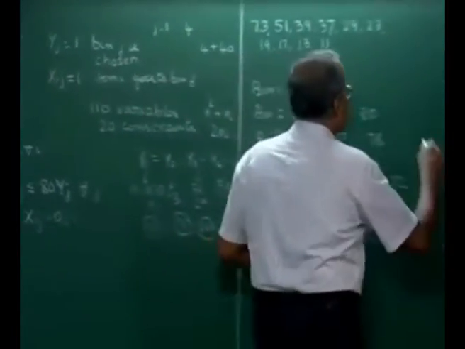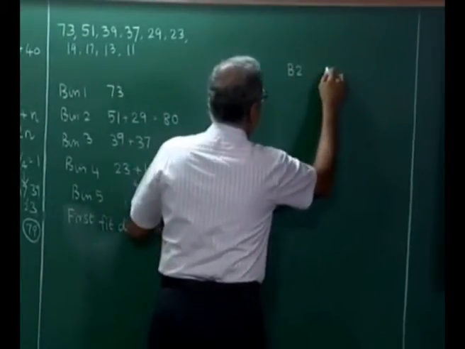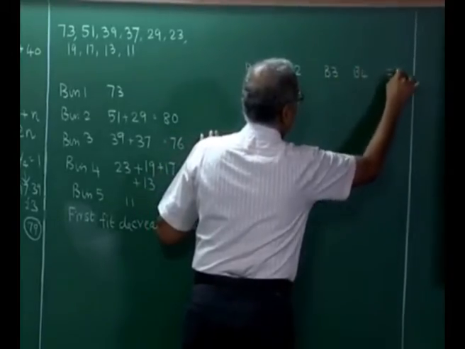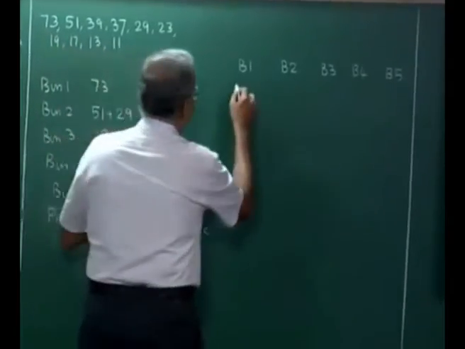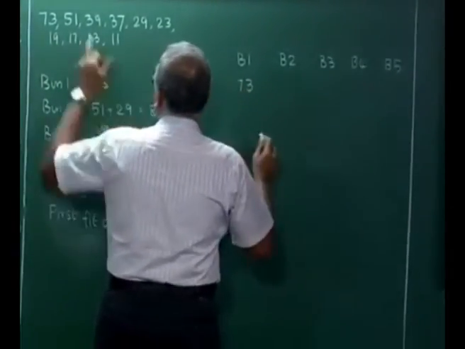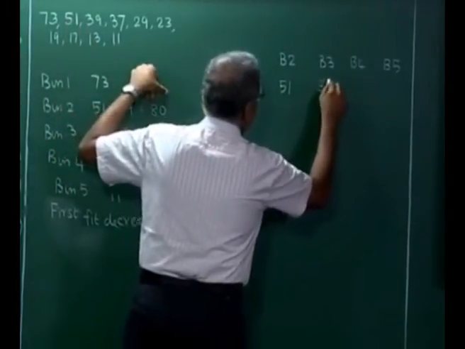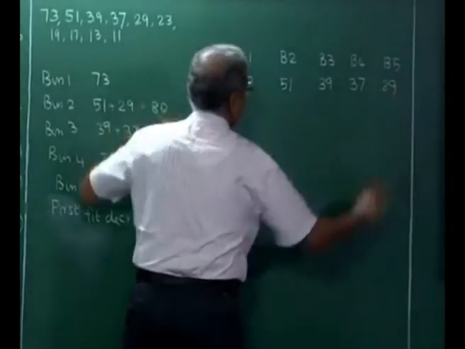We can look at bin 1, bin 2, bin 3, bin 4 and bin 5. Now we will go back and put the 73 here. The next one will not go to this bin, we will put a 51, we will put a 39, we will put a 37 and then we will put a 29.